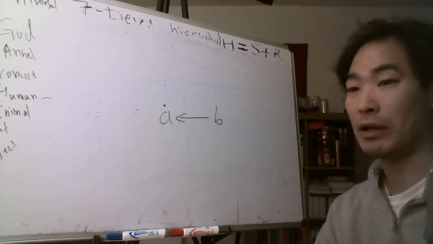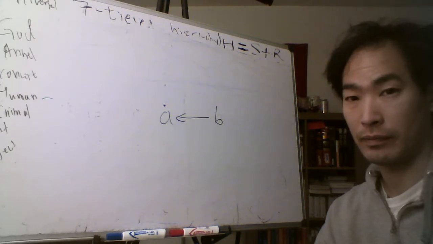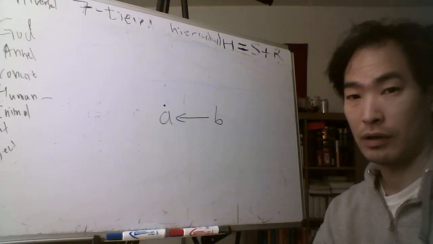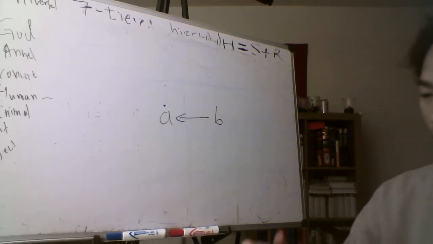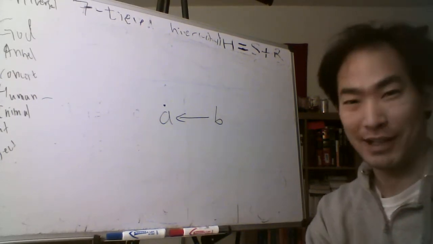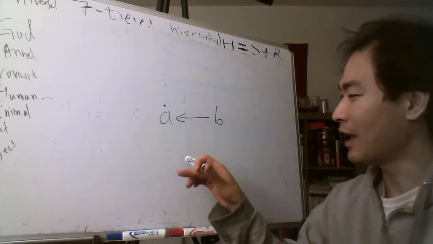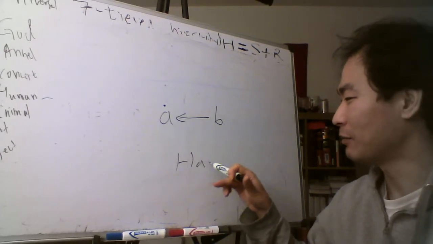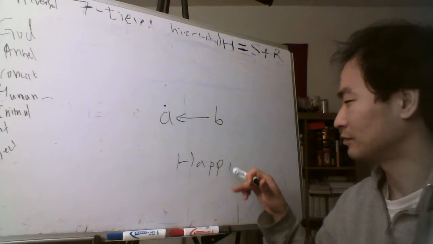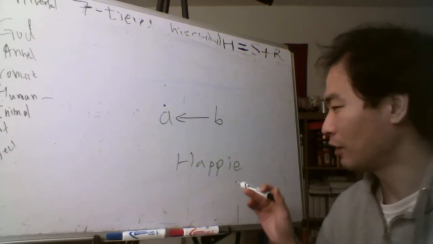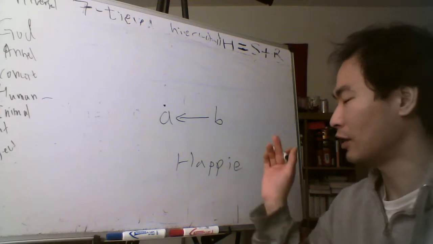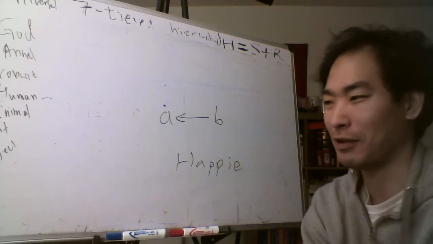Now, how about a dog? I guess if I call, let's say the dog's name is Happy. Hey, Happy. Your name is Happy. I don't know how you spell a dog's name. Maybe you put Y here or IE there. I don't know. I don't have a dog. I never had one.